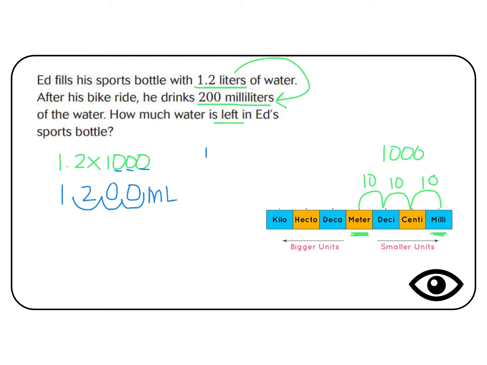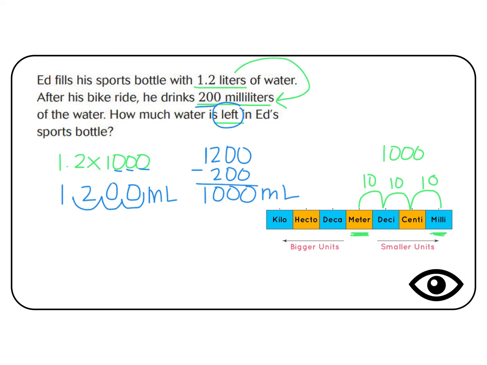Then, on his bike ride, he has 200 to drink. That would mean what is left is 1,000 milliliters. These are the kind of problems we're going to be solving today.